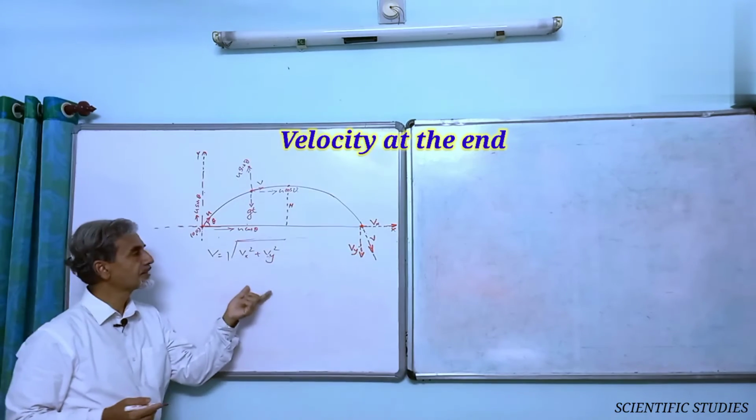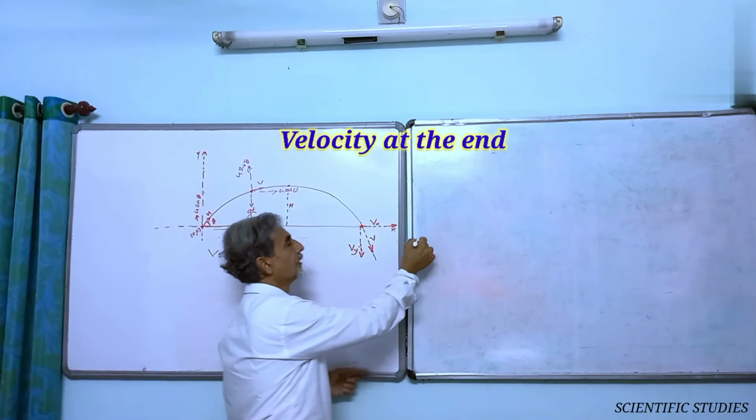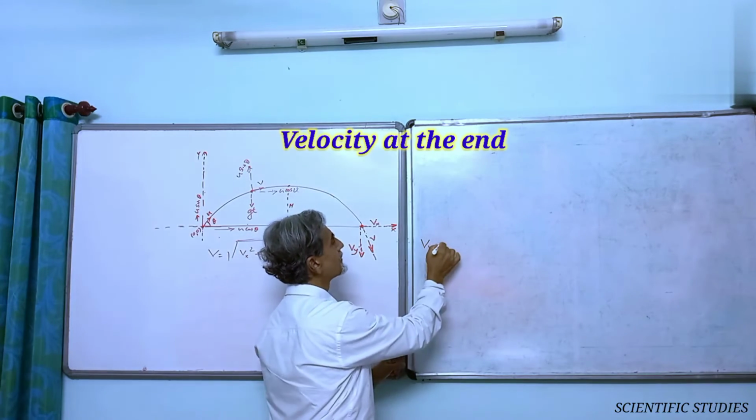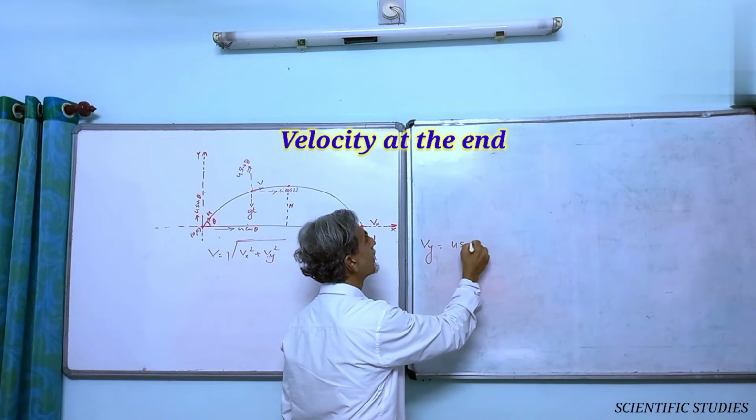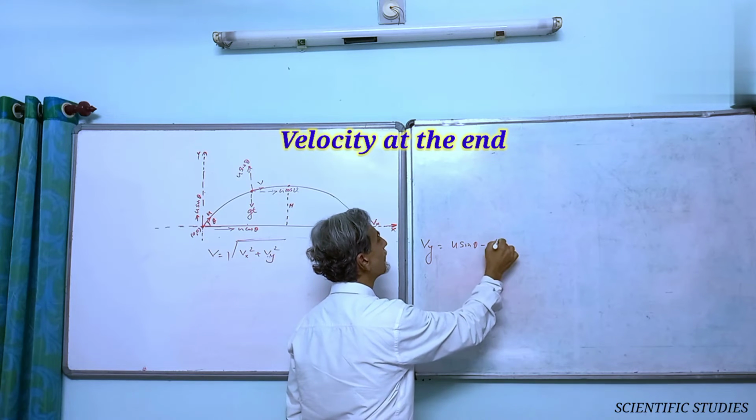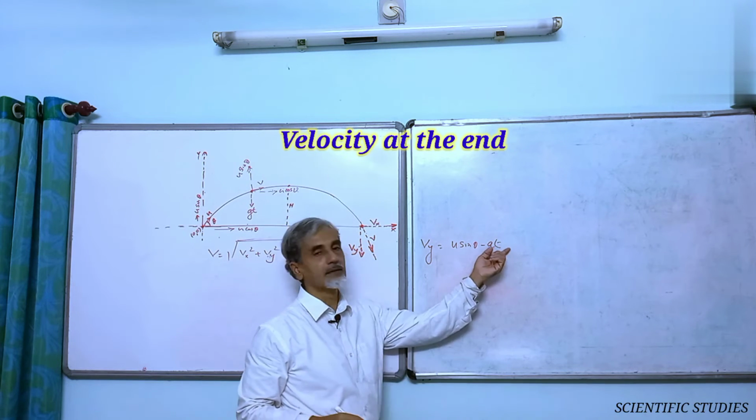For an oblique projectile, we know that the vertical component of velocity, Vy, is equal to u sin theta minus gt, where t is the time taken.